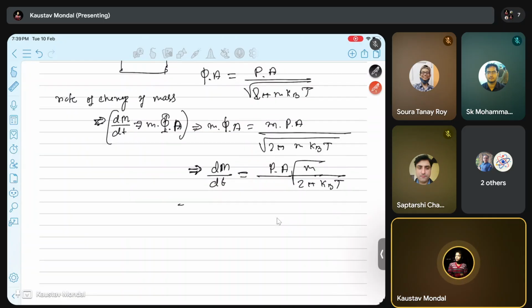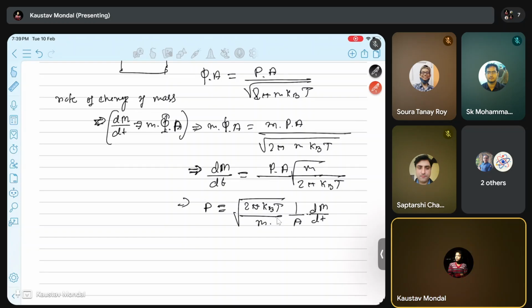Now from here, pressure would be equal to root under 2 pi kBT by m, into 1 by area, into dm by dt.